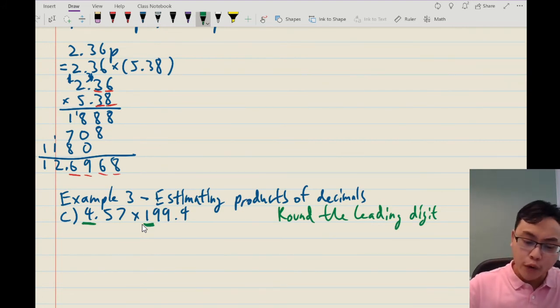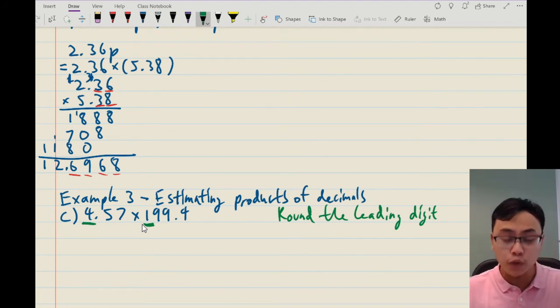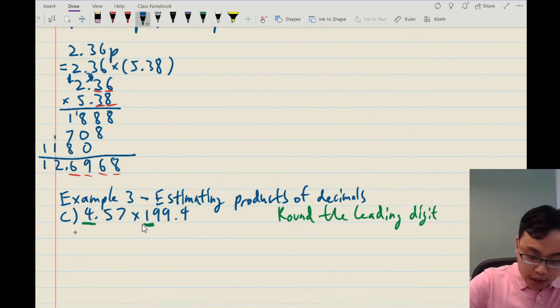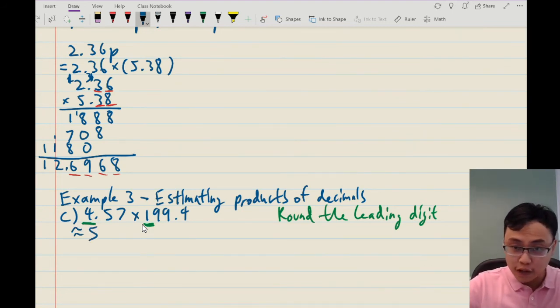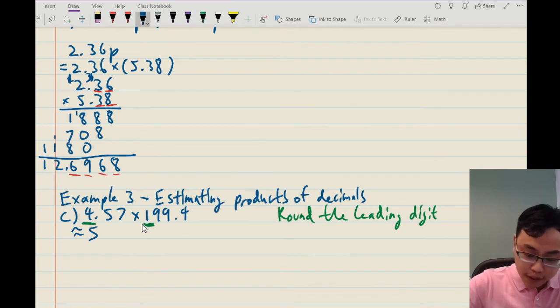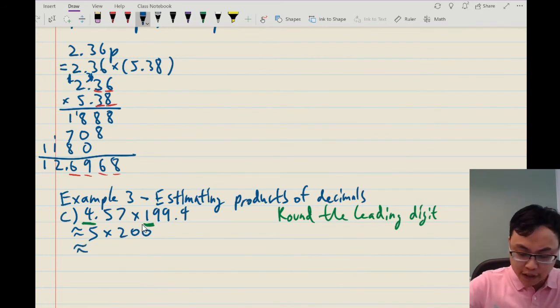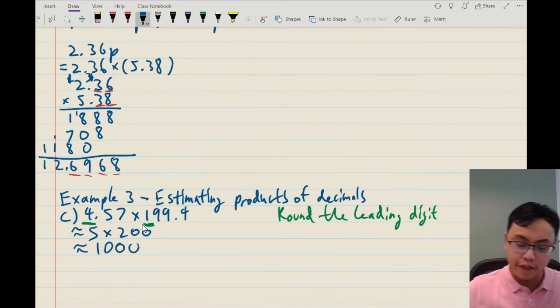So we're going to round to the nearest 1 and to the nearest 100 for both of these numbers. And so it's going to be approximately 5 because the next value rounds up. 199, the next value is 9, which is rounding up, so that's going to be 5 times 200. And so once we estimate this, 5 times 200 will give us 1,000.